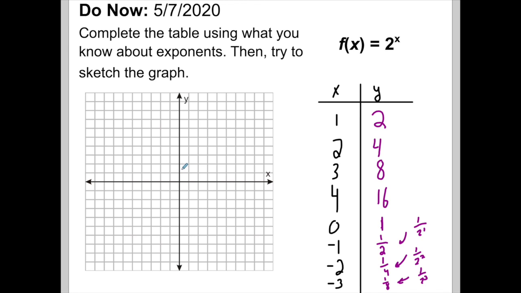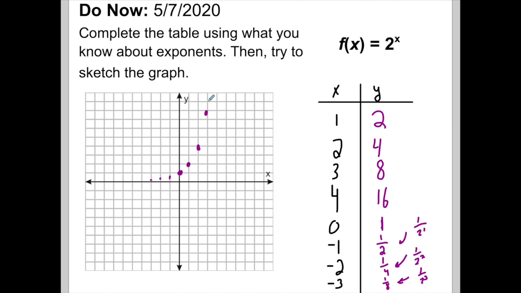And let's graph that. 0, 1. 1, 2. 2, 4. 3, 8. 4, 16 is not on the graph, so we leave it out. -1, 1/2. -2, a quarter. -3, an eighth.